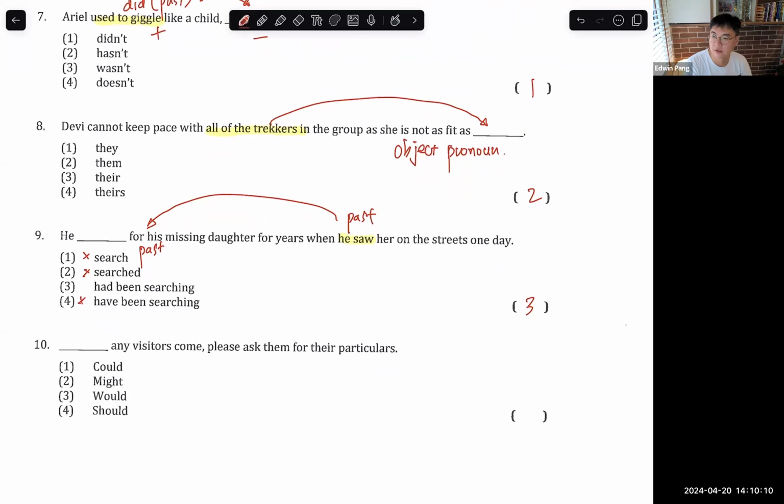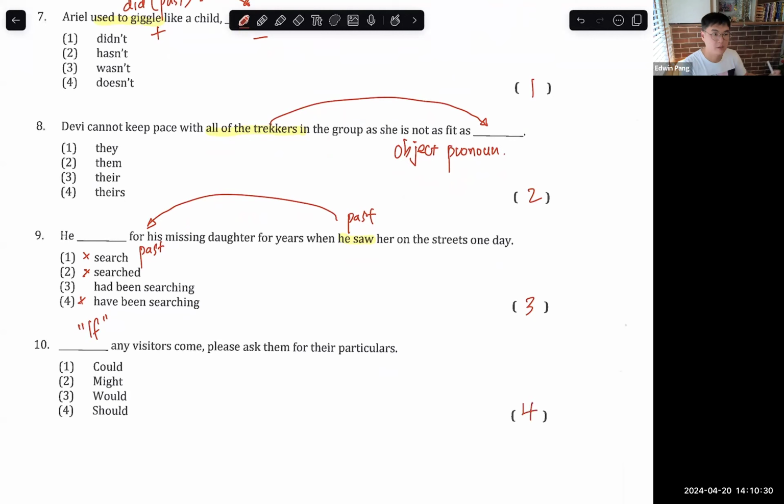And question number 10, please understand that this is if. The connotation here is that if any visitor comes, please ask them for their particulars. So which is the modal connector that best fits the meaning of if? Could, might, would, should. Obviously, it should.